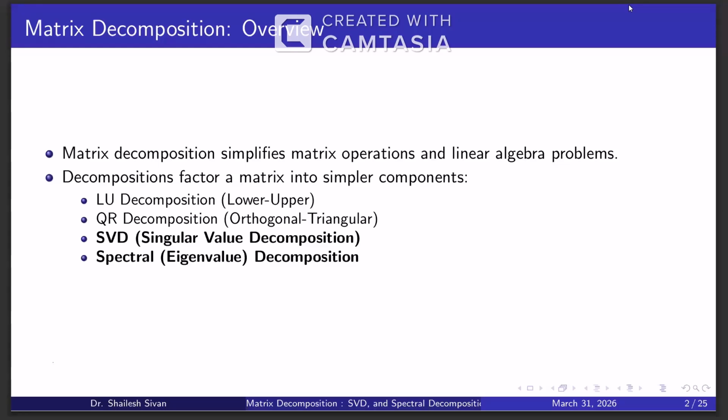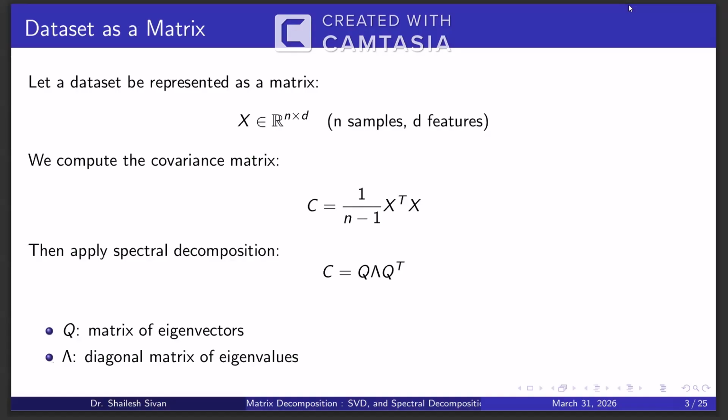There are a lot of decomposition techniques: LU decomposition, QR decomposition, SVD (singular value decomposition), spectral decomposition and so on. And this is one of the simplest decompositions we are actually going to discuss.